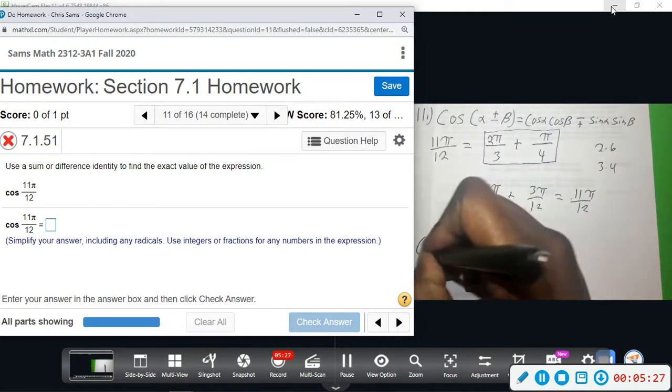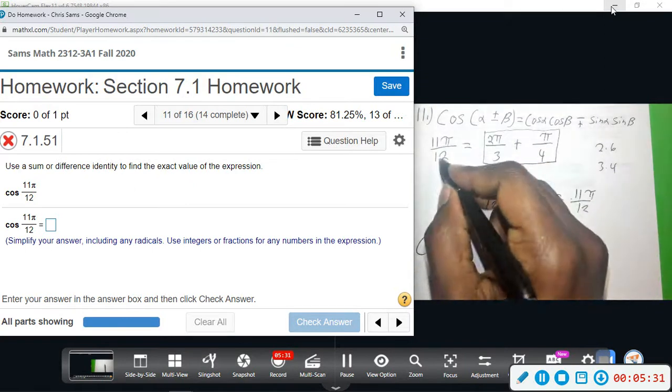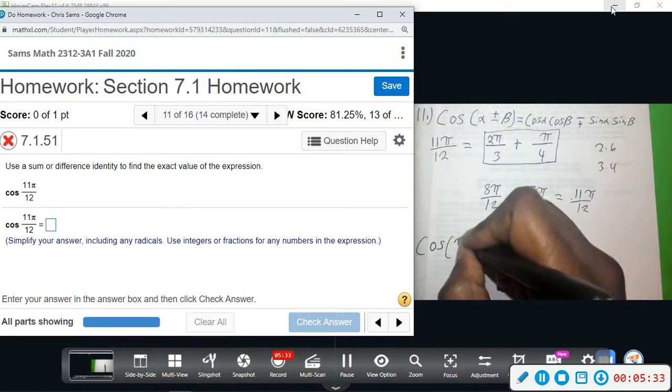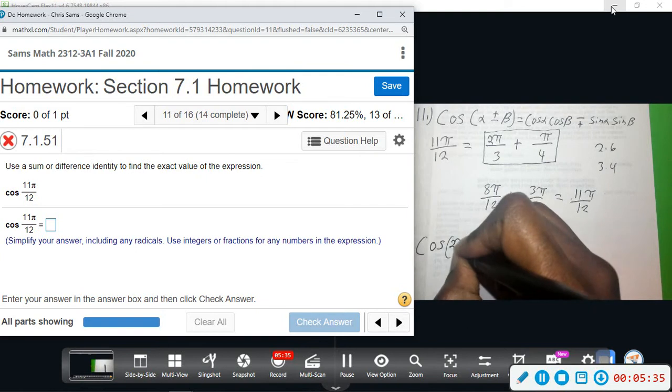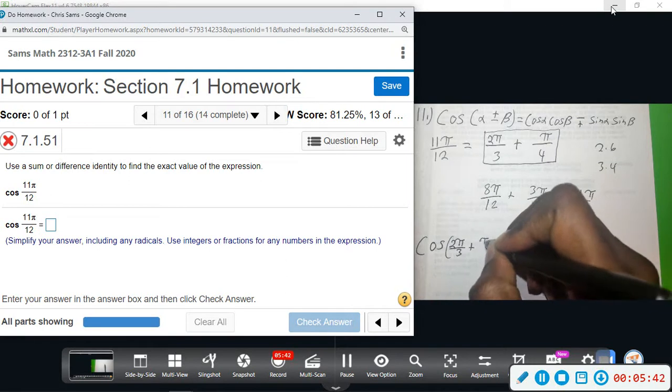So rewriting this now is cosine, and instead of writing 11 pi over 12, I'm going to do 2 pi over 3 plus pi over 4.